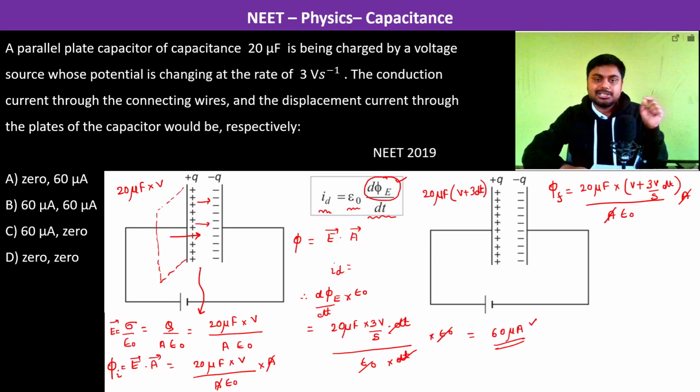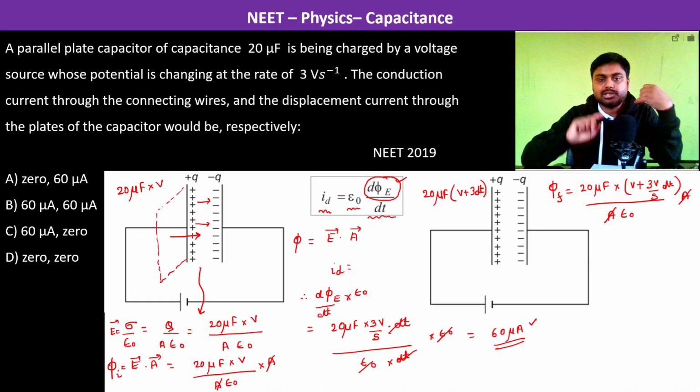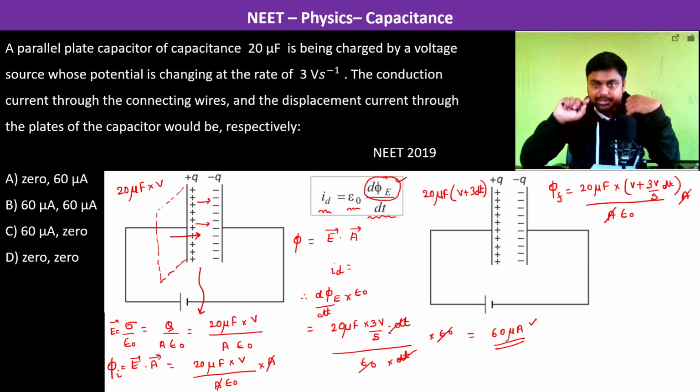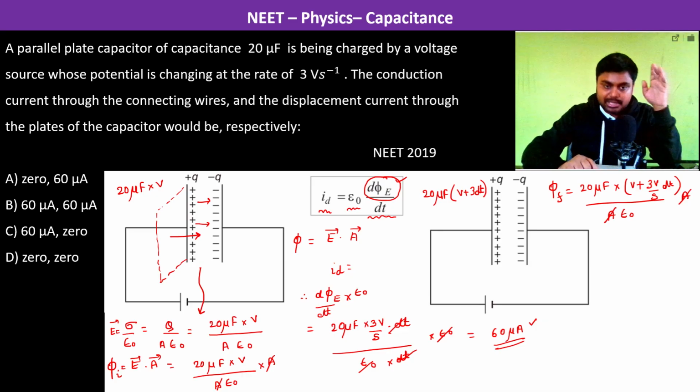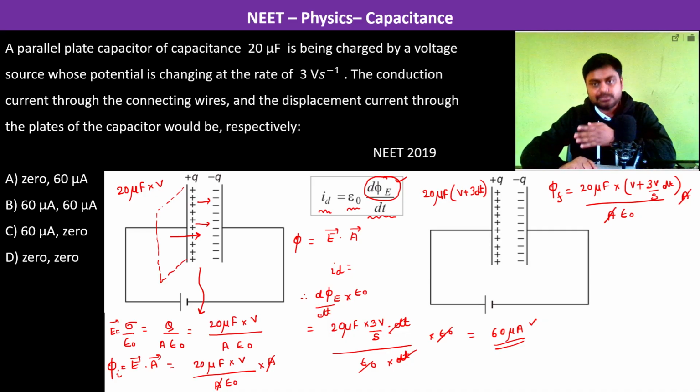For displacement current, we just use the formula: the displacement current equals epsilon naught into d phi E by dt, where phi is the electric flux. We found the electric flux initially and finally, subtracted it, and then found d phi E by dt.